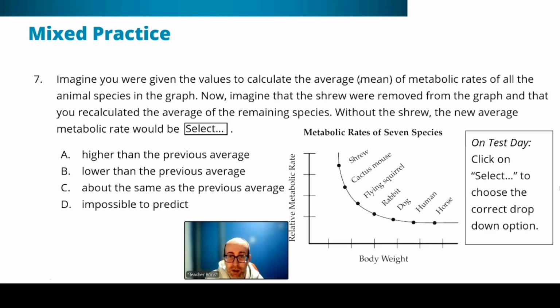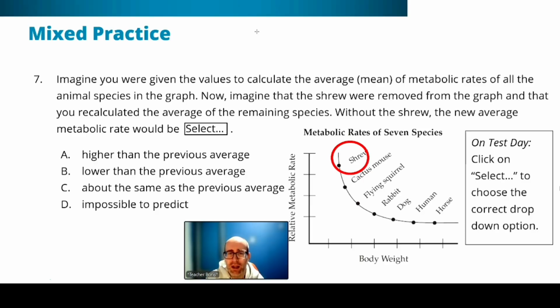Nicely done here, folks. So the test makers are asking, what's going to happen if we calculate the average after taking out the shrew? Well, the shrew is the smallest one. So if you take out the smallest number, what's going to happen? It's going to get lower. Very nicely done here, folks.